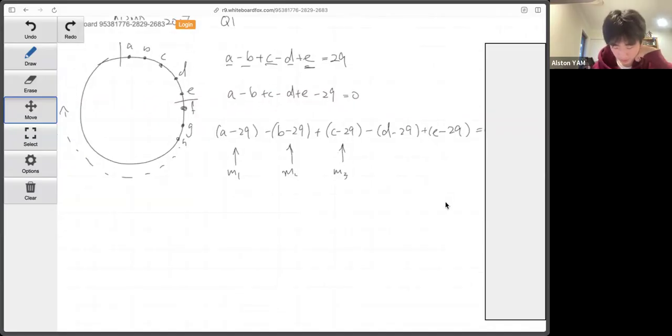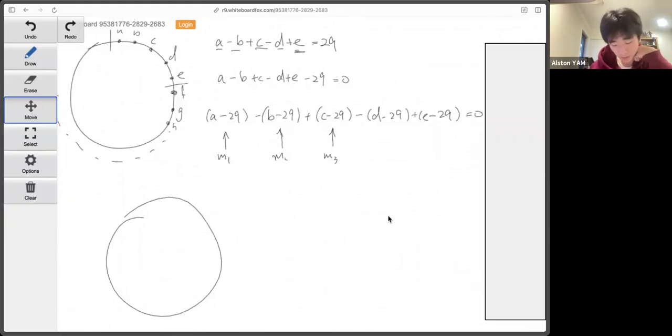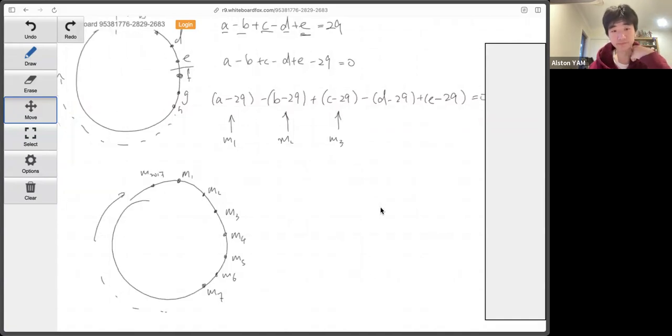So I'll redraw the circle. And we have M1, M2, M3, M4, M5, M6, M7, etc. You go all the way back, and this is M2017.